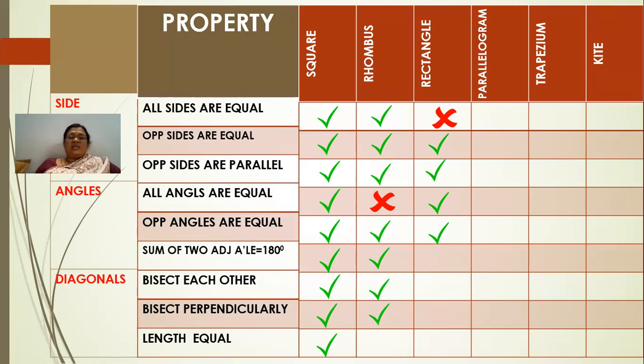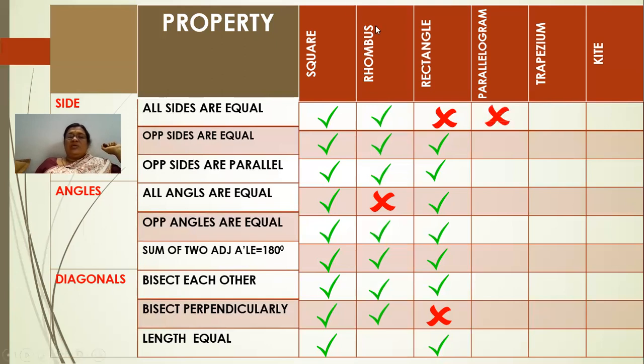When you add the adjacent angles, how much will you get? That is 180 degrees. The diagonals, here also the diagonals will bisect each other. And do they bisect perpendicularly? No. In a rectangle, the diagonals will bisect each other, but they do not intersect perpendicularly, and the length of the diagonals will be equal in a rectangle.